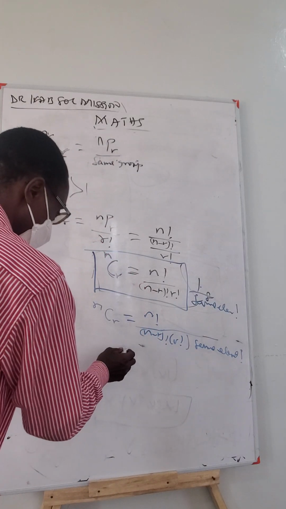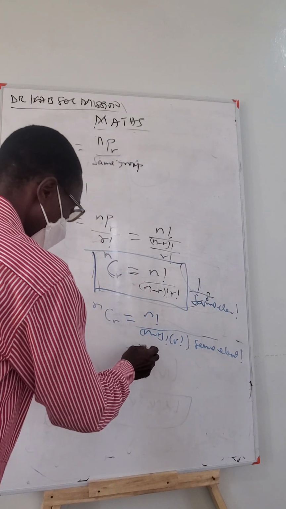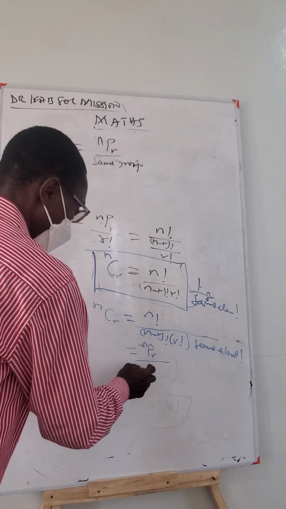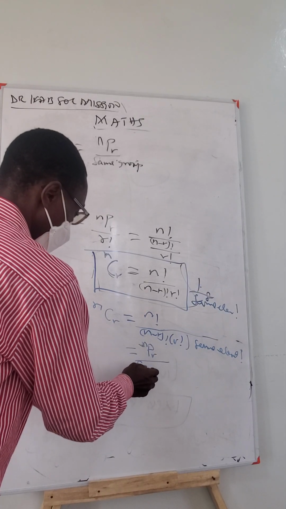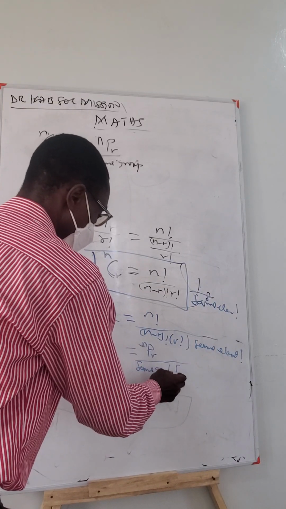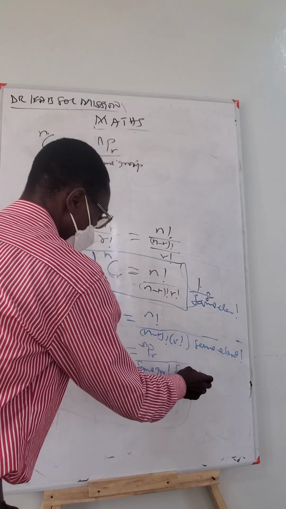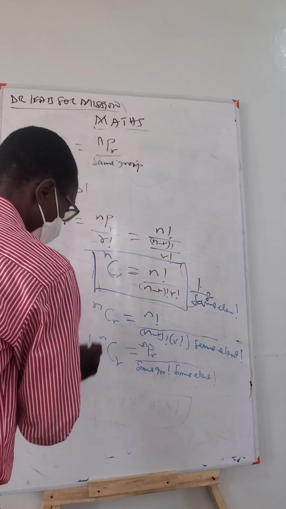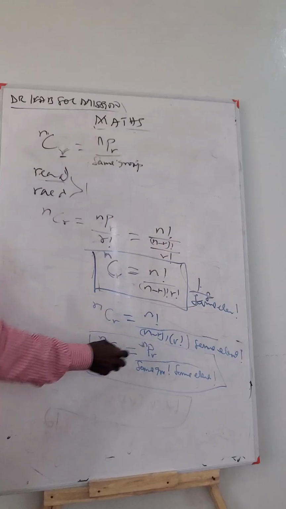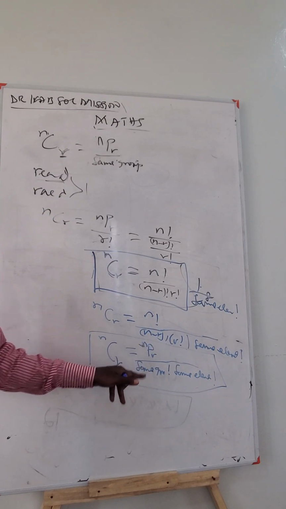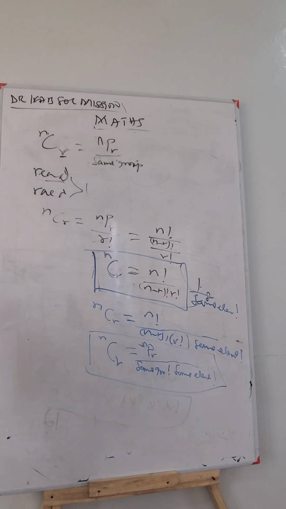In actual sense, it is the permutation divided by same group factorial, divided by same element factorial. This is the actual formula. And I prefer that people get this formula well. If you have this one, you are done. You can solve almost all the questions under combination.